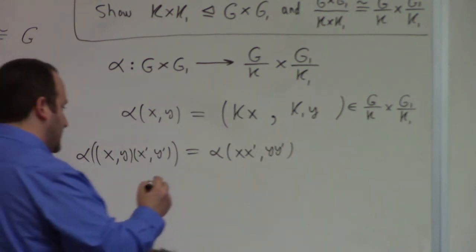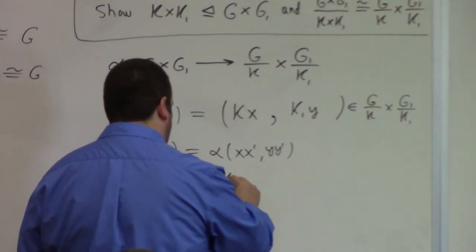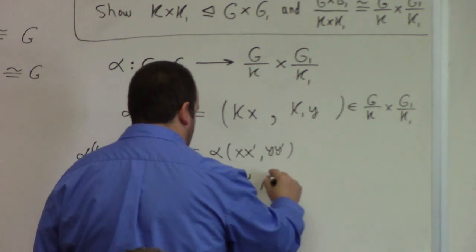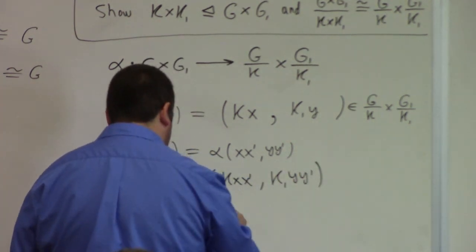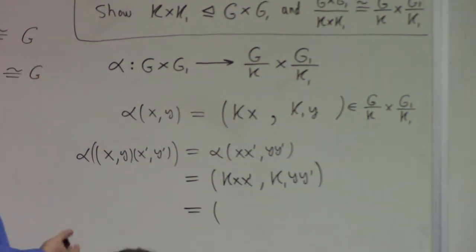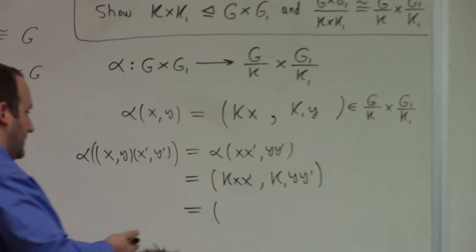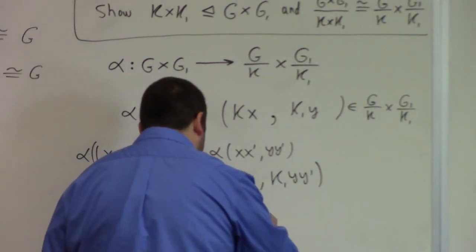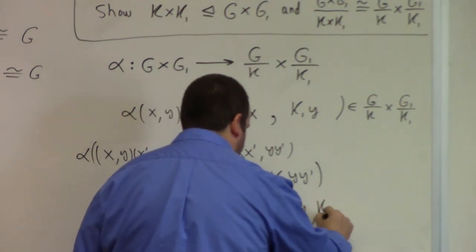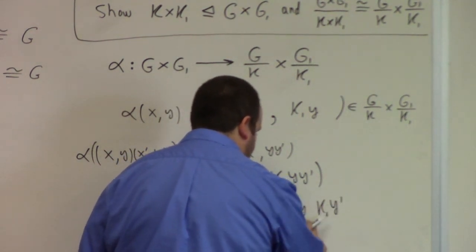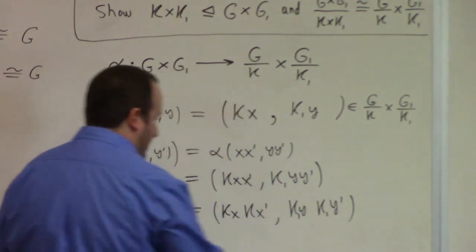And then that's equal to k x x prime, k1 y y prime, which by the definition, and this makes sense because we're given that k1 and k are normal, right? So the coset multiplication is well defined in the factor group.